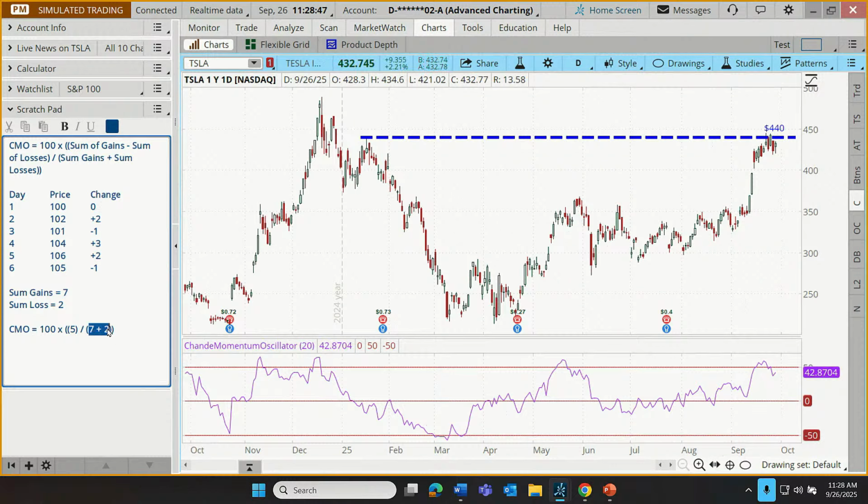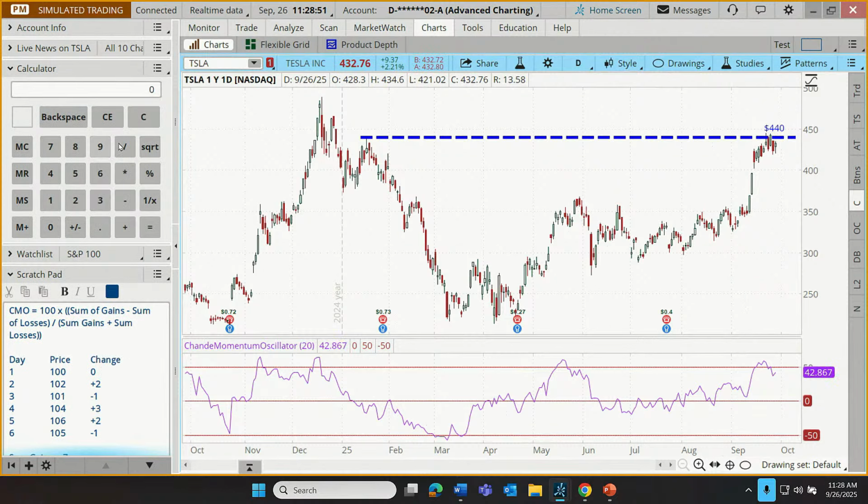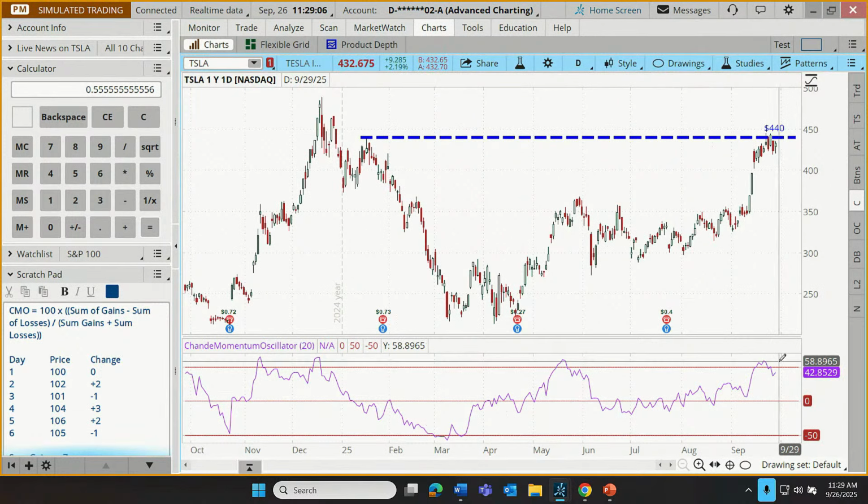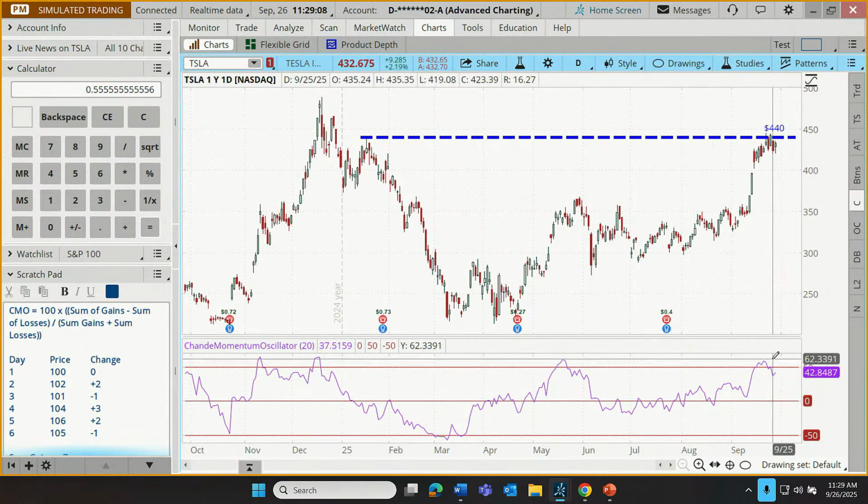So 7 plus 2 is 9. 5 divided by 9 is ultimately going to be our Chande momentum oscillator value. And that would just be plotted as a dot on our chart. And that would actually take the chart up here, up to the overbought range. A 55 is actually a very positive number.